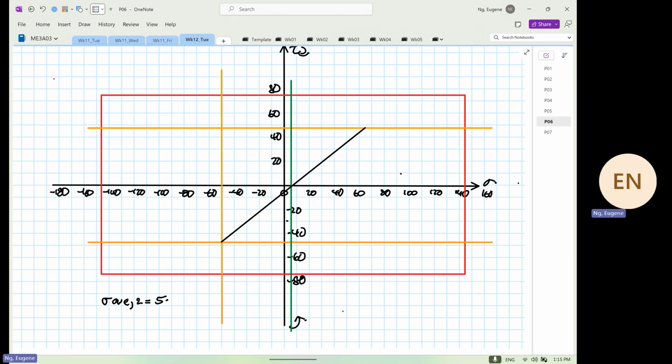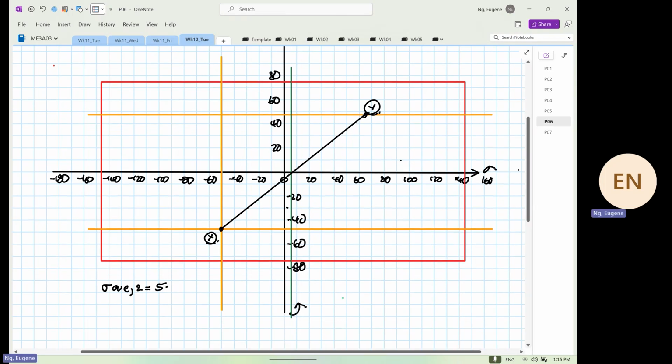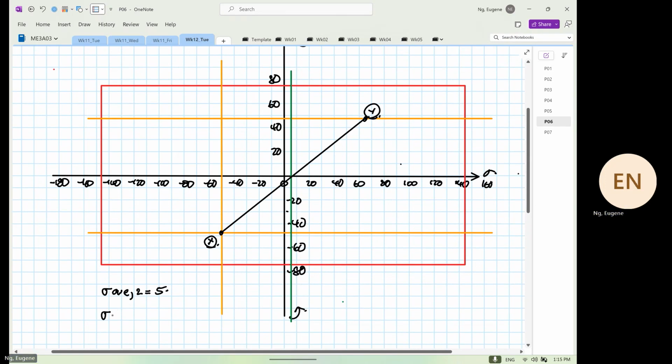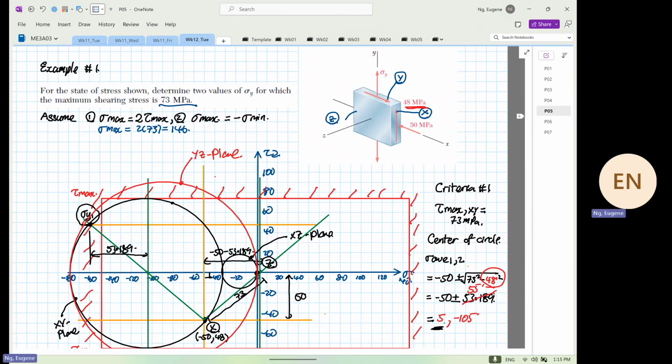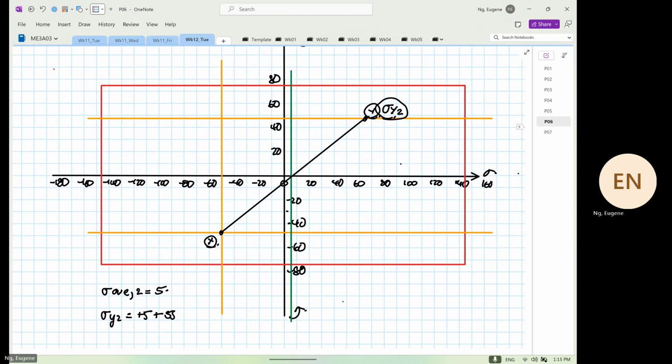We know that this is our point X and this is our point Y, right? So from here, I'm going to call this our stress Y2. Our stress Y2 will be equal to plus 5 plus by what? Because it's going to the right-hand side, that distance over there is 55. So this is equal to 60.